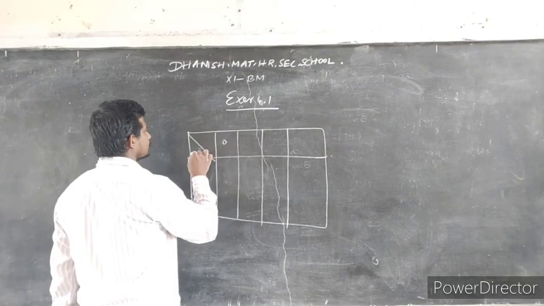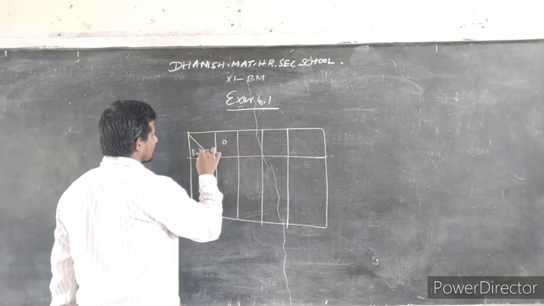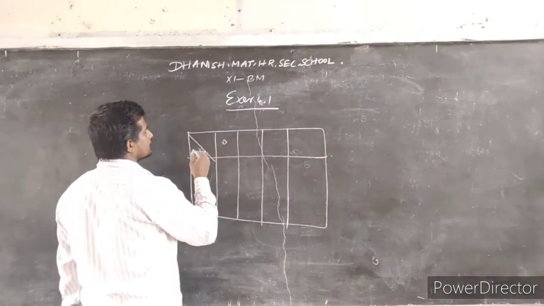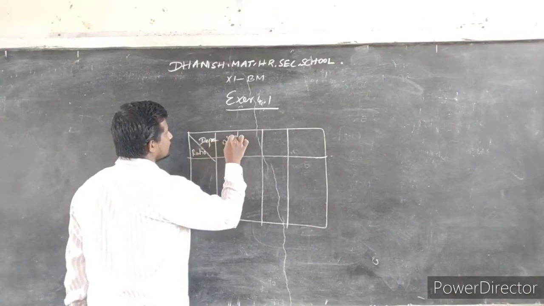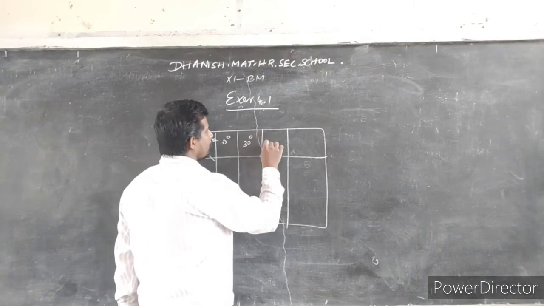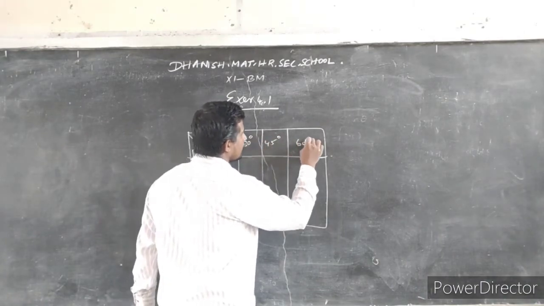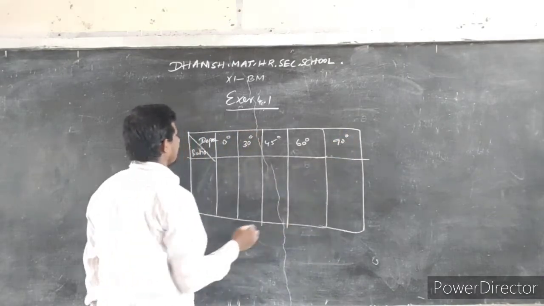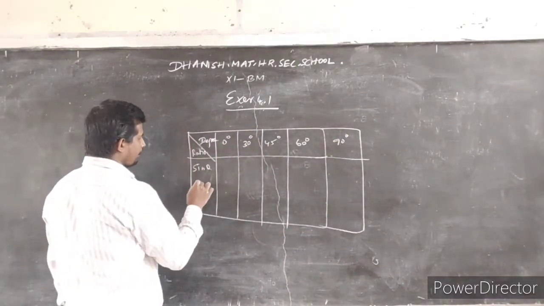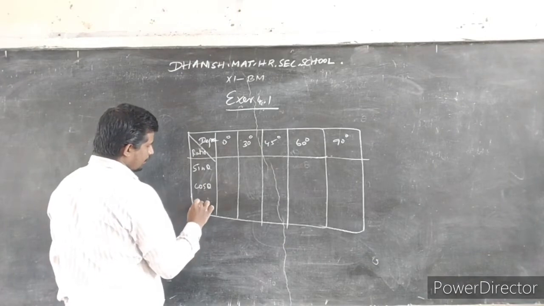Ratio, degree: 0 degree, 30 degree, 45 degree, 60 degree, then 90 degree. Sin theta, cos theta, tan theta.